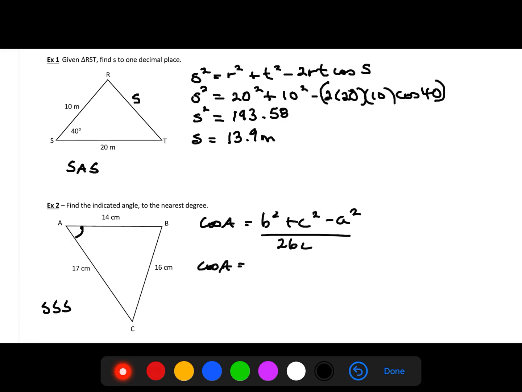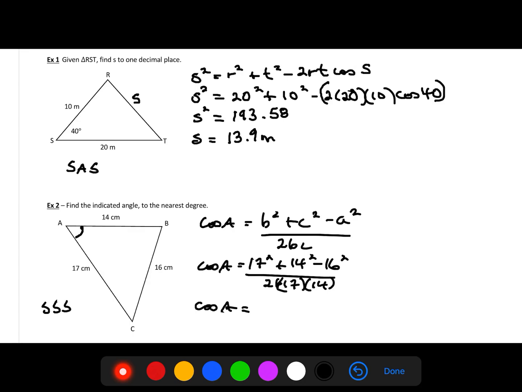Cos of A equals B squared plus C squared minus A squared over 2BC. Subbing in our numbers, we have 17 squared plus 14 squared minus 16 squared divided by 2 times 17 times 14.